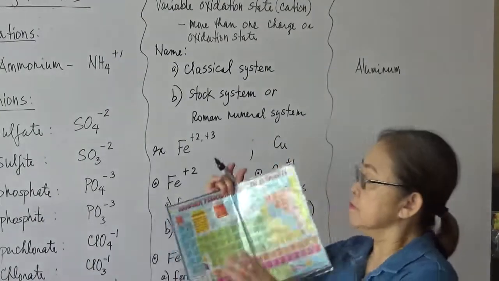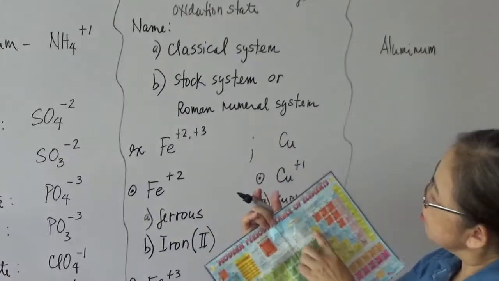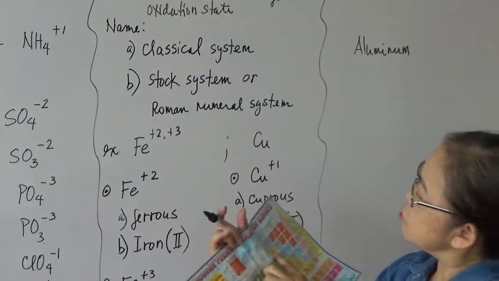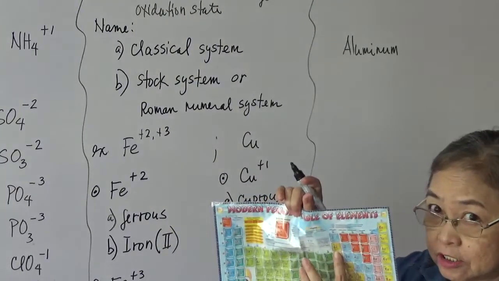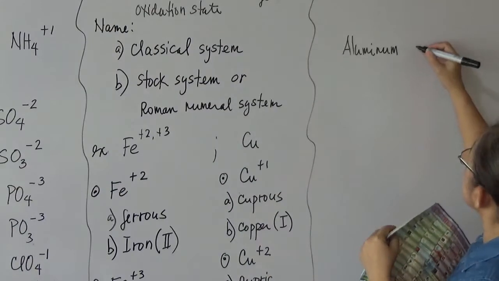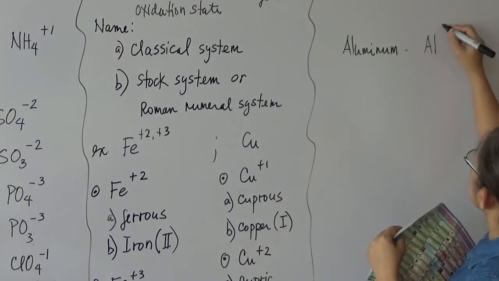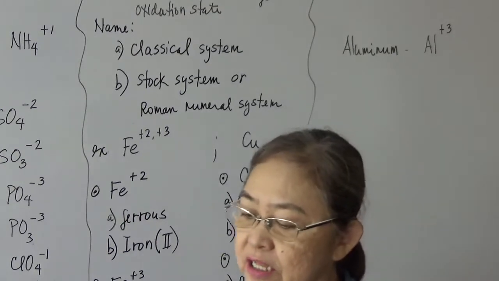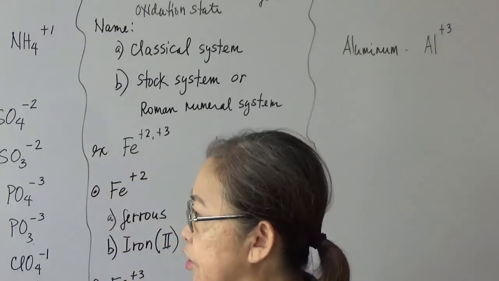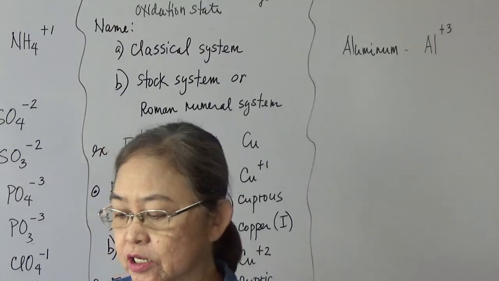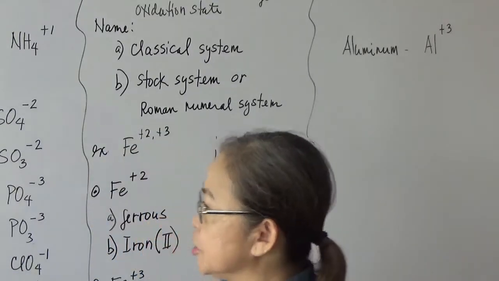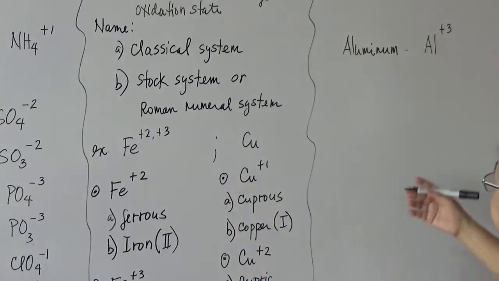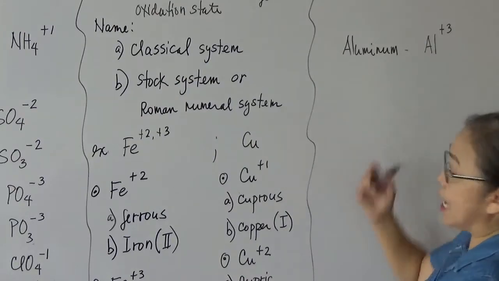You will have there aluminum, which is found in group 3A under boron. So the symbol is Al and it has a charge of +3. Take note that aluminum has only one oxidation state, so it is a fixed oxidation state. So when you give the name, it is just named as aluminum.